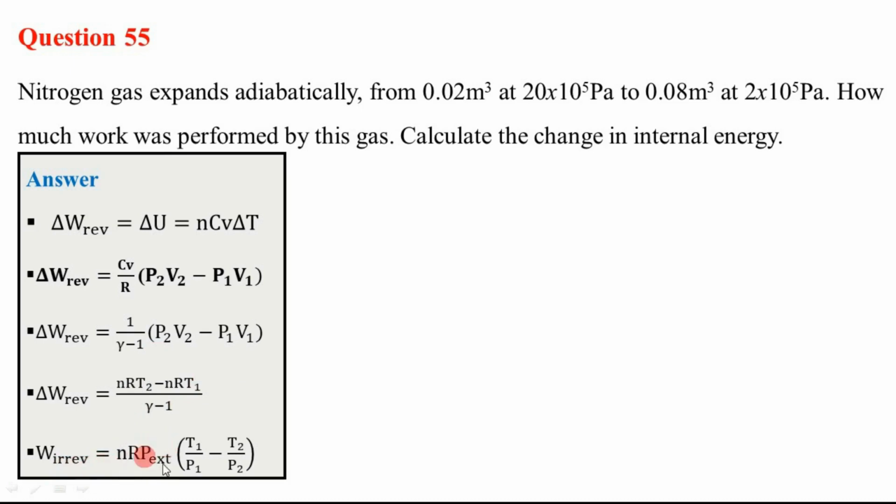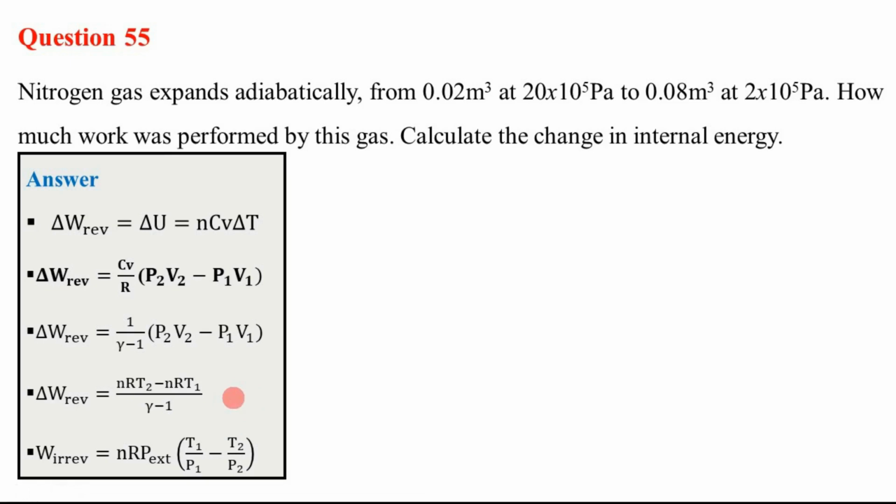An irreversible process is when you have a constant external pressure. Here they didn't mention that the work was done at a constant external pressure. You can see that it is not at constant external pressure. That is the reason why we are using the reversible adiabatic process.